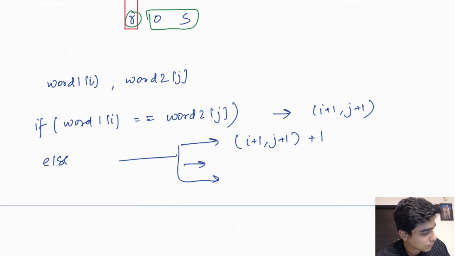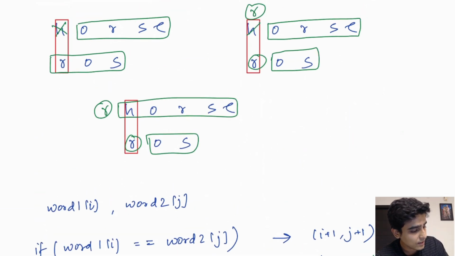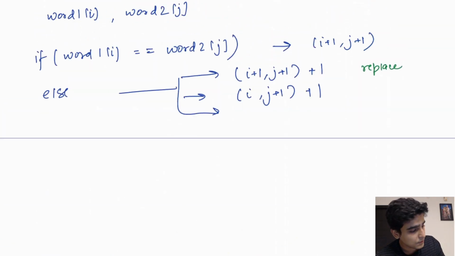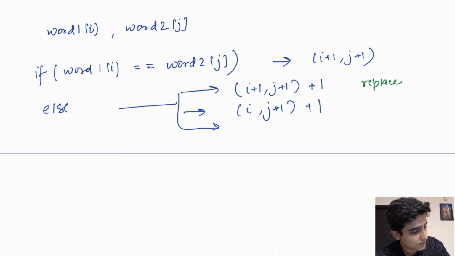When you add a character, you do i comma j plus 1, and the cost is plus 1. Here I am adding R. So the i index will remain at H, but the j index will go to O, because R is already matching now. So this case is when you add a new character.